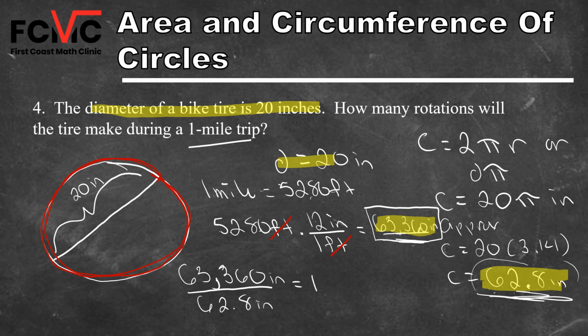So it's going to be 1,008.9 rotations. All right. So we're dividing the total number of inches by the inches per rotation. So each rotation we travel 62.8 inches. Divide those two out and we get 1,008.9 rotations. So this is going to be our final answer here.